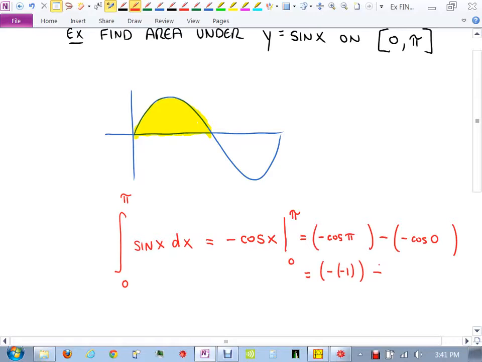What is cosine 0? 1, so minus 1. So what is negative 1? 1. What's minus 1? Plus. So the answer is 2. The area under that is 2. That's right. Doesn't seem like it would be a nice number like that, right?